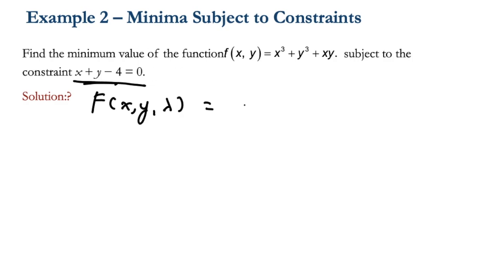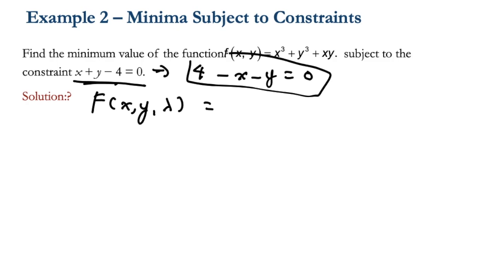We can also rewrite it this way. I prefer to write it this way: 4 minus x minus y equal to 0. If we write this way, then we don't have to be concerned so much about the plus minus sign. So how do we write the Lagrangian function?